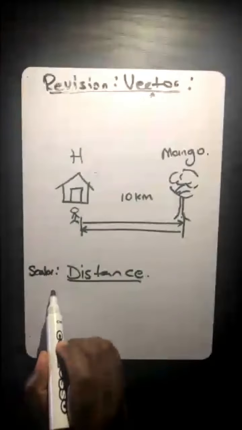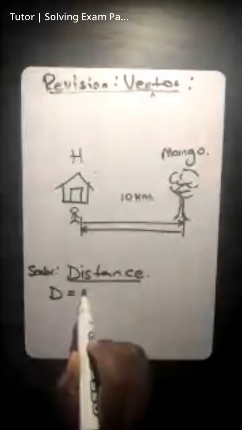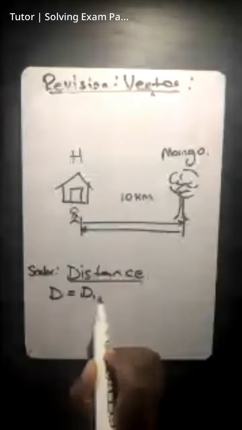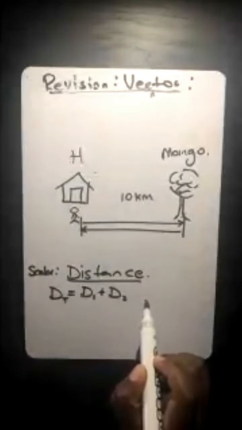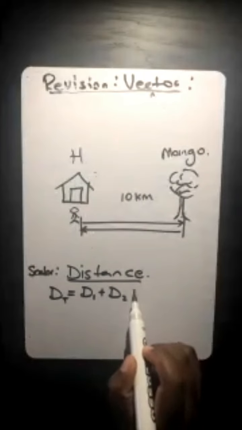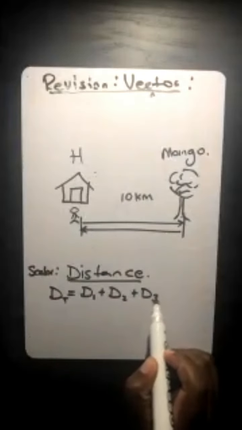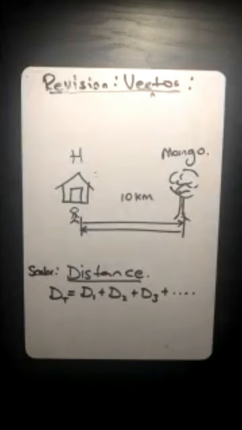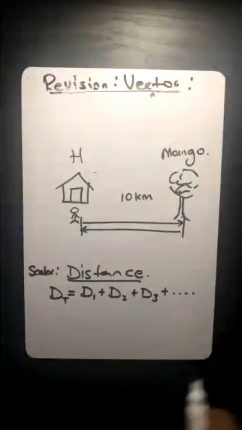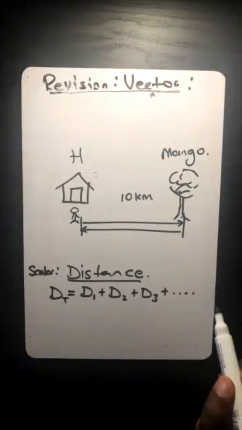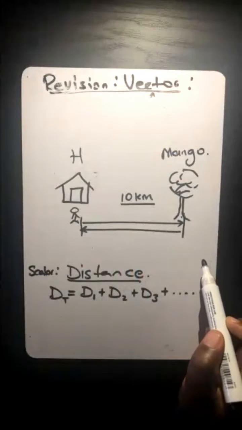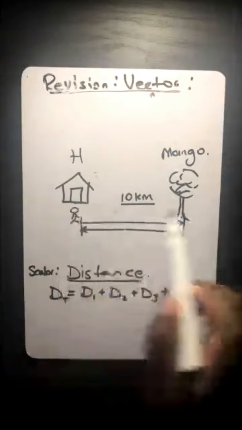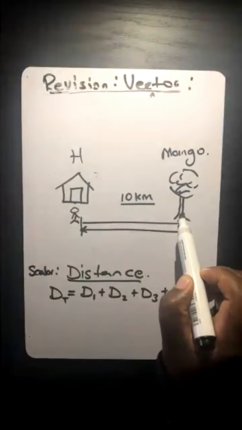In terms of the distance formula, we only say distance number 1 plus distance number 2, which gives us the total distance, plus distance number 3 plus whatever additional distance covered. Is there someone who wants to give us a guess: what will the distance be to travel from home to mango tree, and from mango tree back to home?